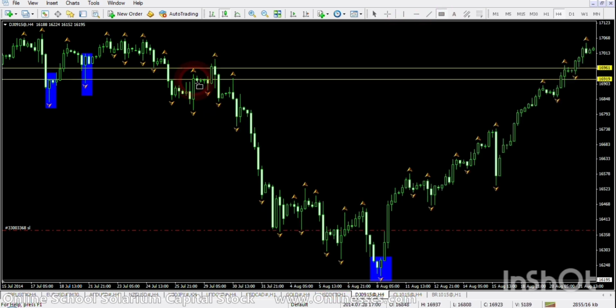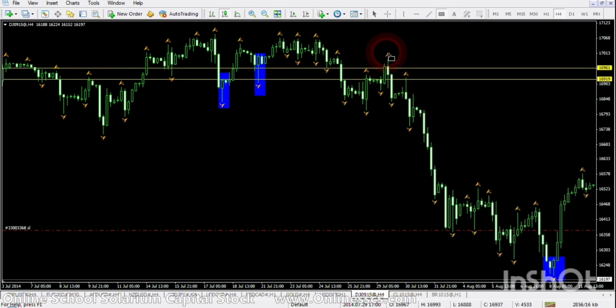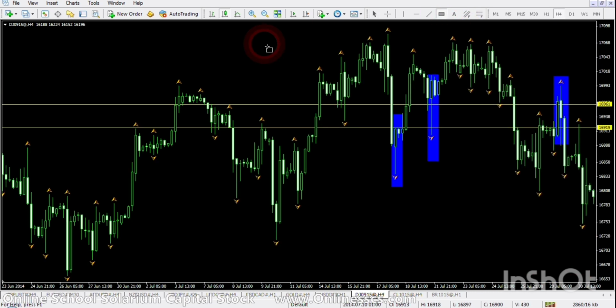We had a high here. And there's a reversal here as well. A high here. My mouse has a little problem.